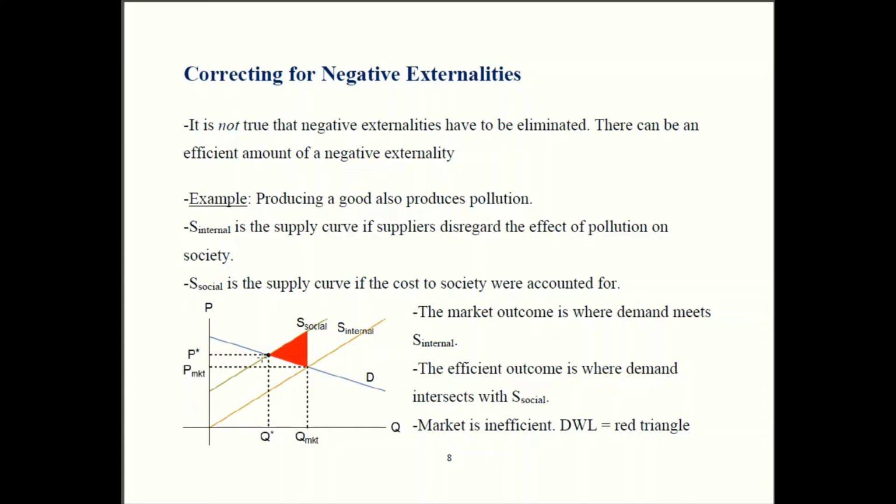So the cost to society, the S social down here, the people value the good more highly than that. So it's efficient to allow some production and some pollution, but letting the market just run wild with no regulations will result in too much production and too much pollution.